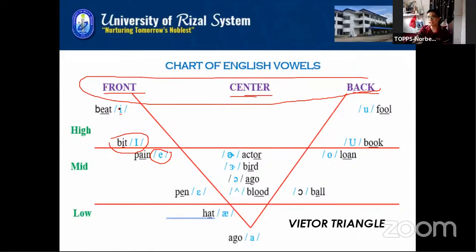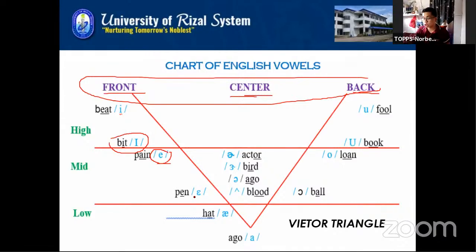Whenever you're looking at a dictionary that uses the International Phonetic Alphabet, you can see this slash symbol. Those symbols inside the slash serve as a guide in pronouncing words. So going back to our discussion, here is the A sound, and then we have the E sound, which is short.